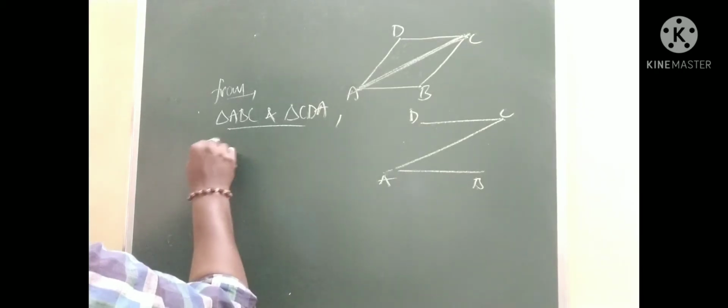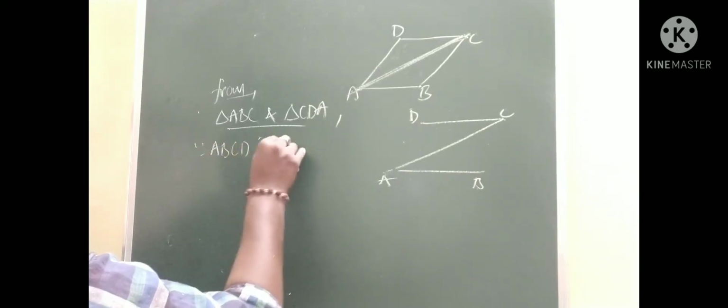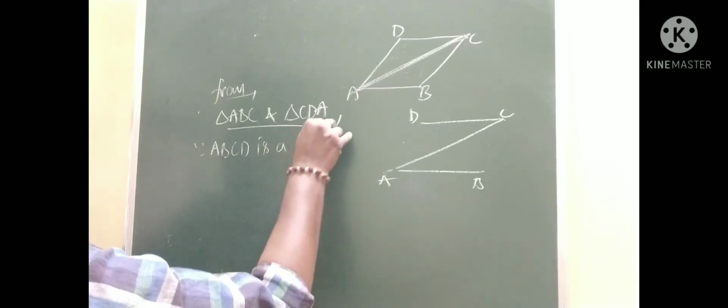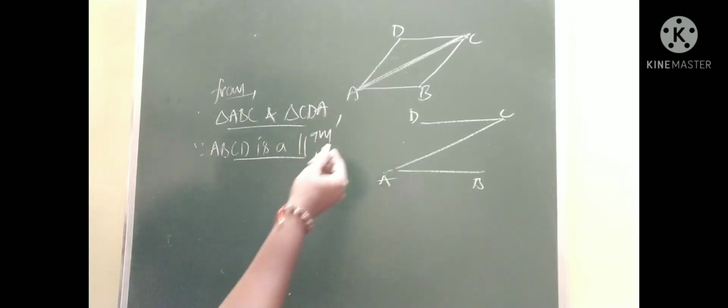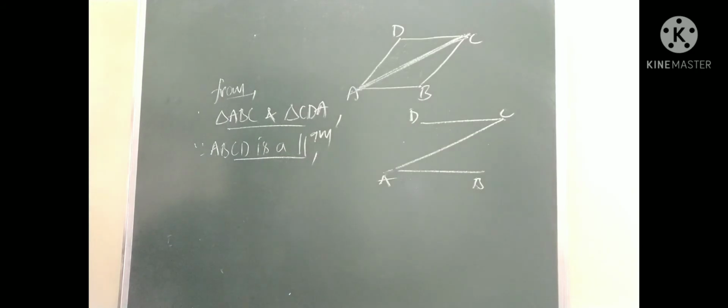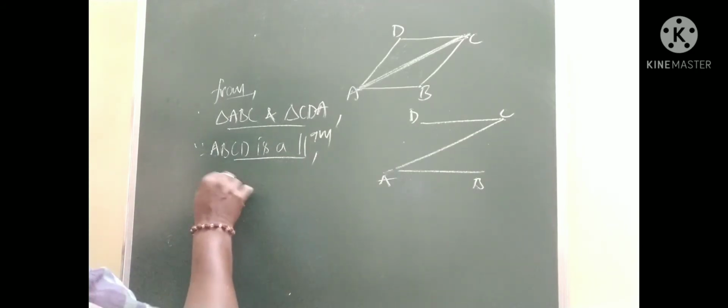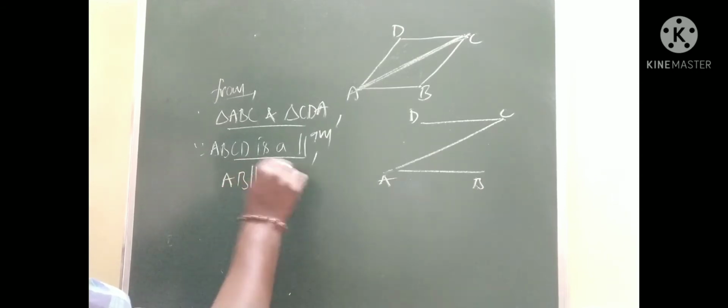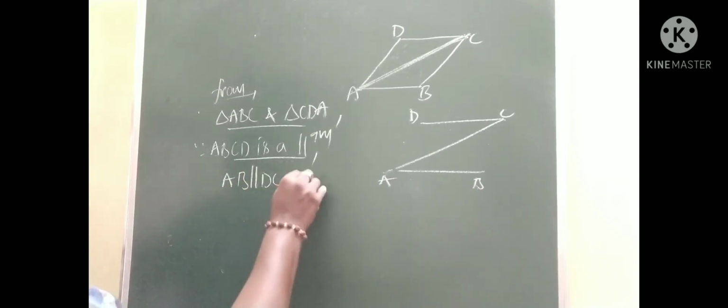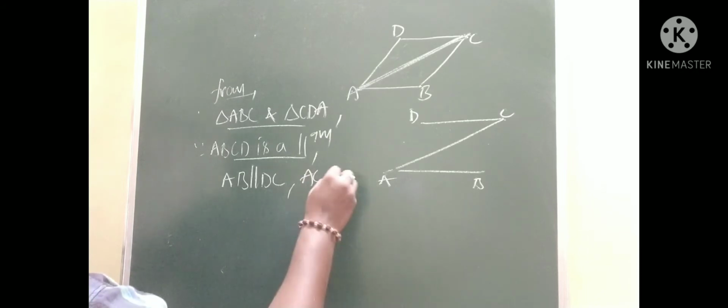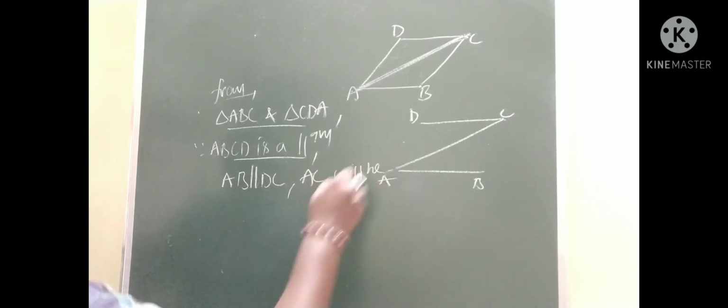Since ABCD is a parallelogram, opposite sides are parallel and equal. So here I can write AB parallel to DC. When AB is parallel to DC, AC will be a transversal.